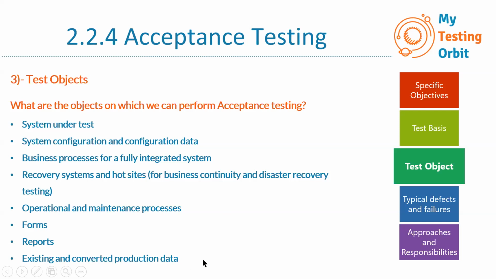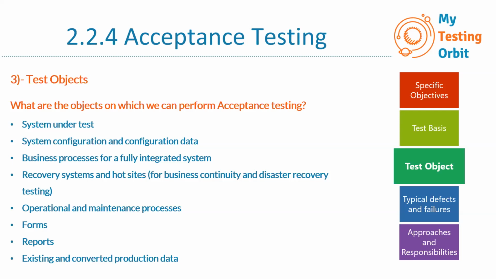Converted data means that sometimes we can't use production data exactly as it is for testing because of the sensitive information being stored. If there is any customer information in production data, then we can never use that data for any testing, either system testing or acceptance testing. So most of the time, all the sensitive information from the production data is encrypted and then used for system testing or acceptance testing.